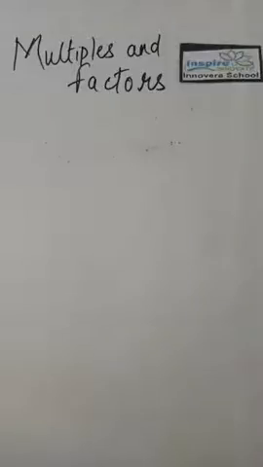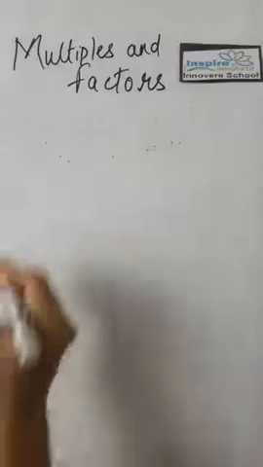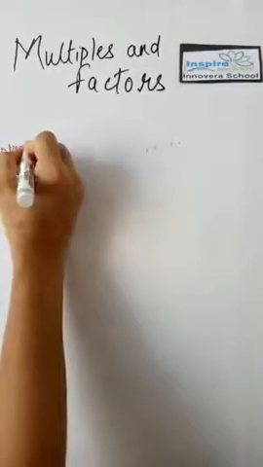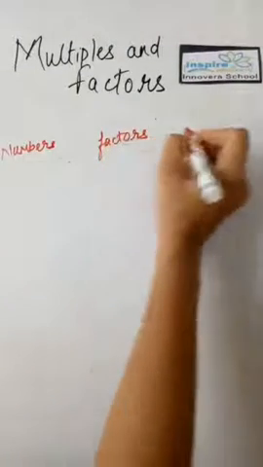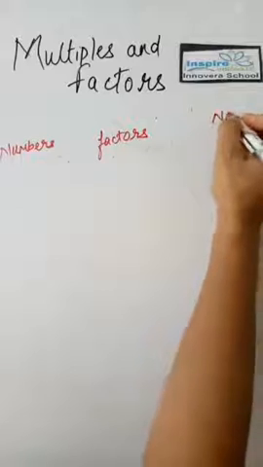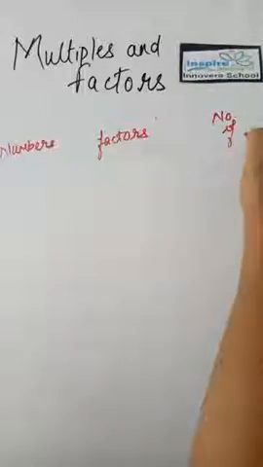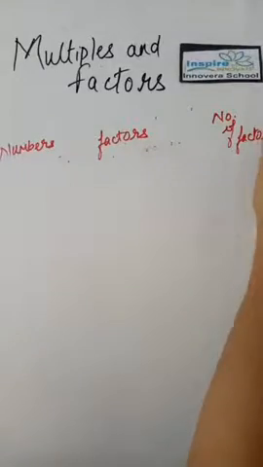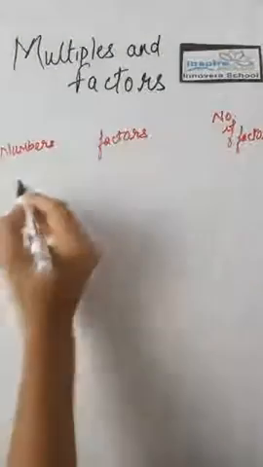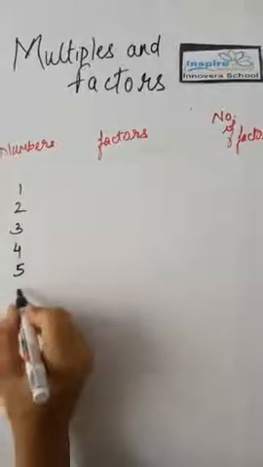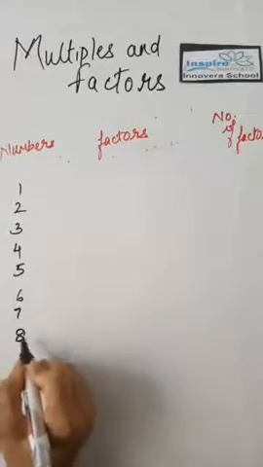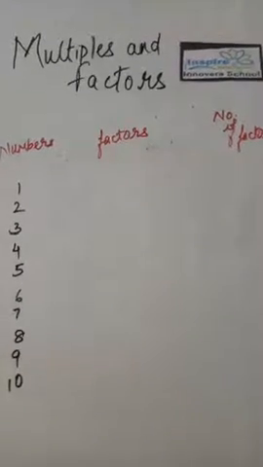Now we are going to look at the factors of the first 10 numbers. If I write numbers and here factors, and here the number of factors. I write 1, 2, 3, 4, 5, 6, 7, 8, 9, 10.